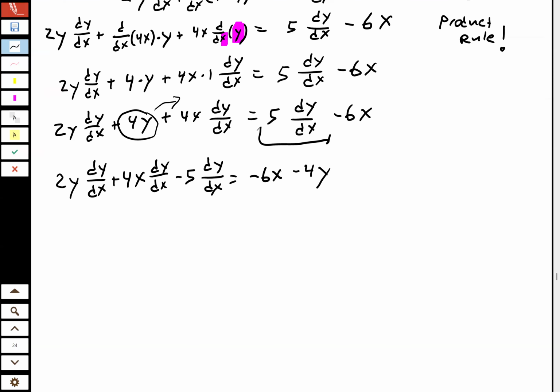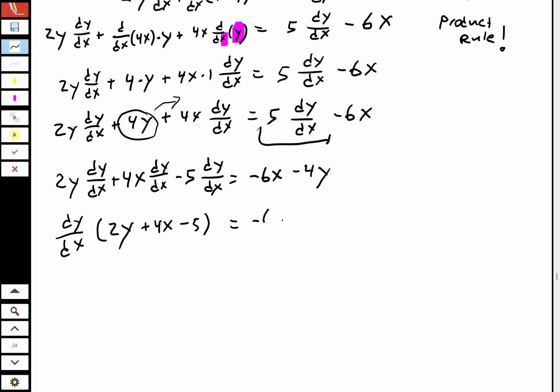From here, I'm noticing that everything on this left side has a dy/dx, so I can factor out a dy/dx. A 2y had a dy/dx, a 4x had a dy/dx, and a negative 5 did.